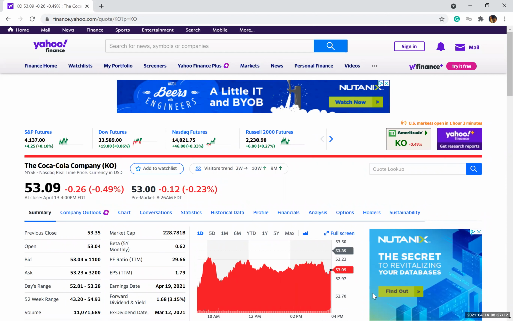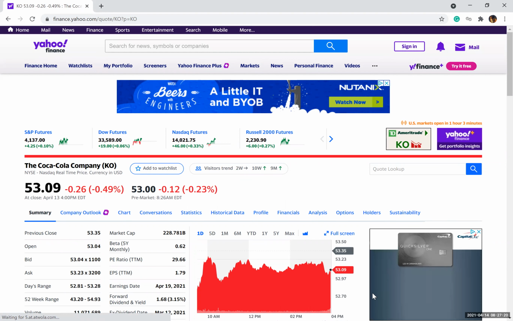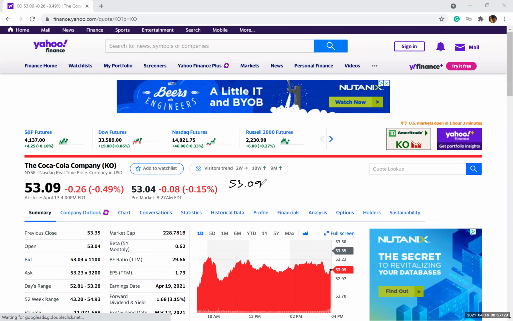I noticed that we're given a market cap right under the current share price. We have a share price of 53.09, and we know that that is times the amount of shares outstanding.